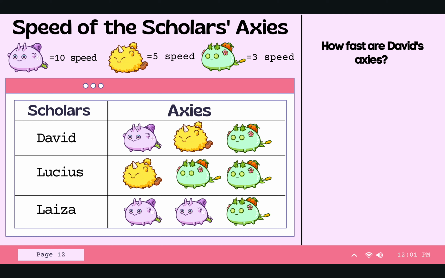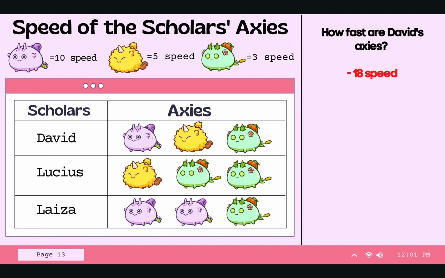It's indicated on the key that a violet axis is equivalent to 10 speed, a yellow axis is equivalent to 5 speed, while a green axis is equivalent to 3 speed. If we add all up, 10 plus 5 plus 3 equals 18. So David's axes have 18 speed.